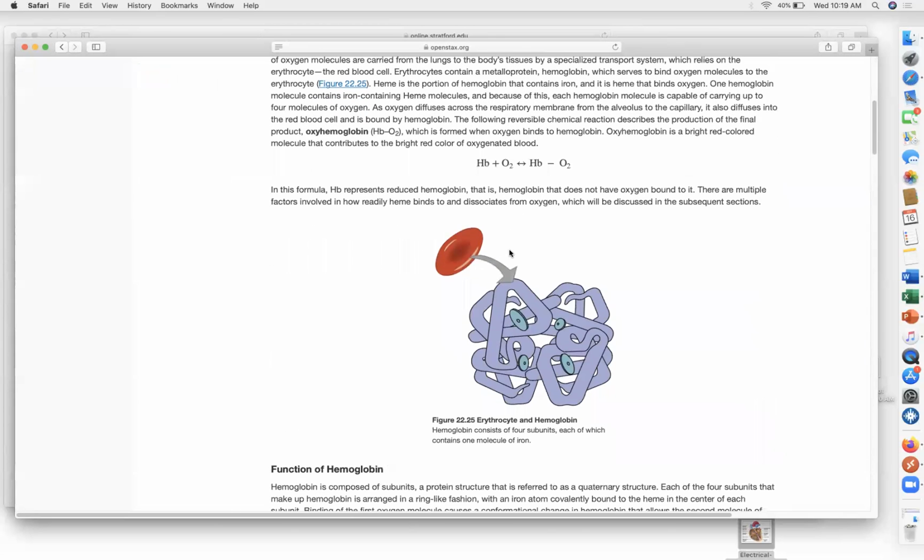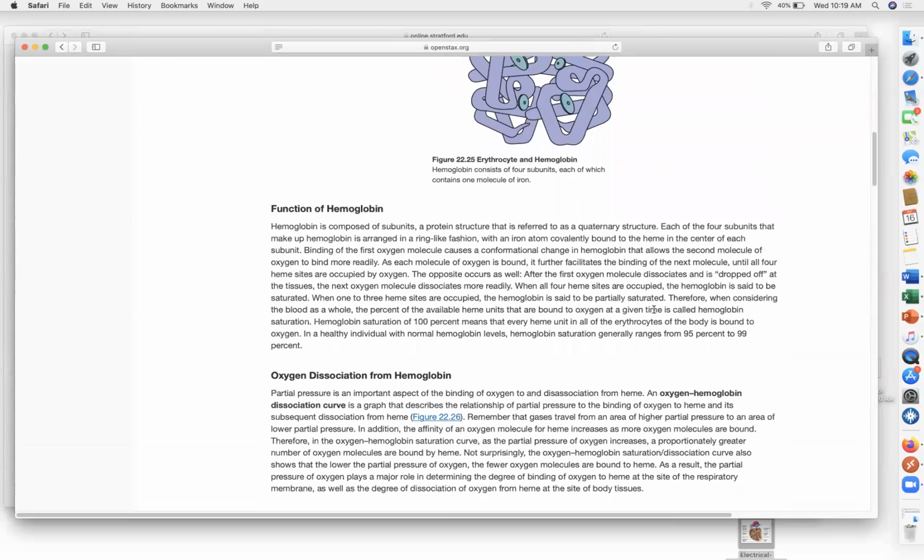Now, how do we transport it? Well, it's a little bit of a primer on red blood cells and blood, but the red blood cell has no nucleus, and in the middle it has hemoglobin. Hemo means blood, globin means protein. This hemoglobin protein, as you can see here, is just a chain of amino acids. You can see there are four zones, and there are seats where oxygen or carbon dioxide would go.